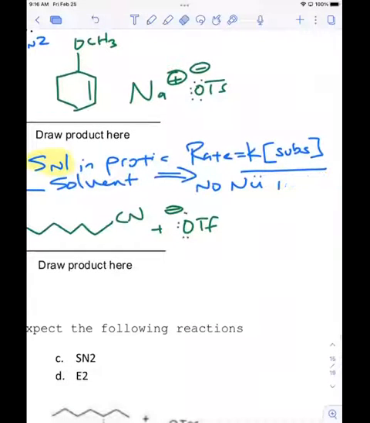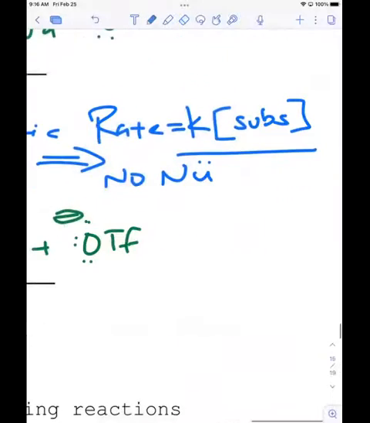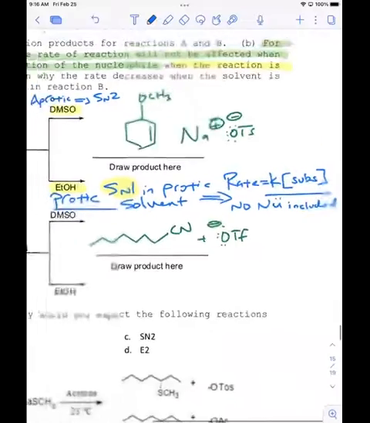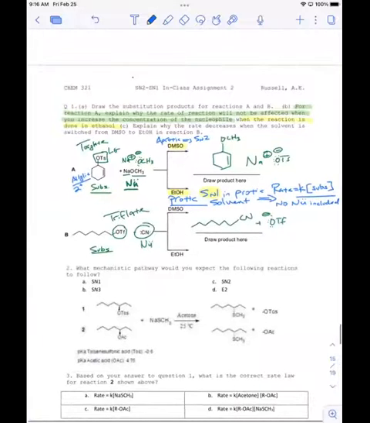So there's no nucleophile included. Let me fix that. No nucleophile included. All right. And this question is specifically designed to go through all the factors that affect the mechanism and determine whether something is going to be SN2 or SN1.